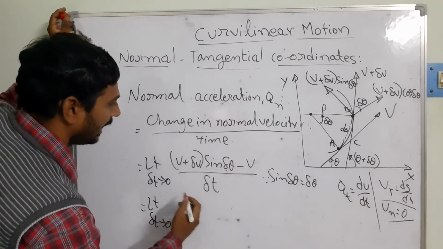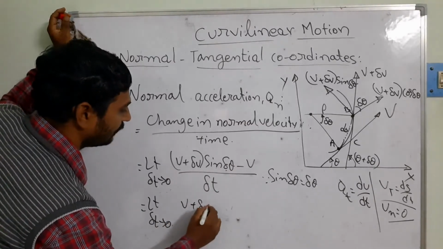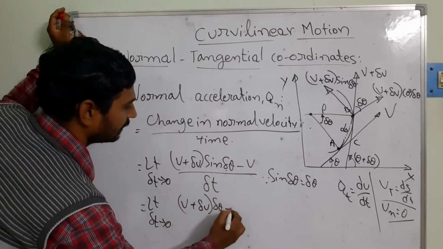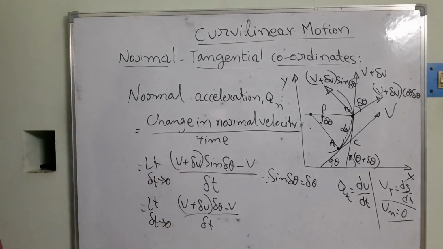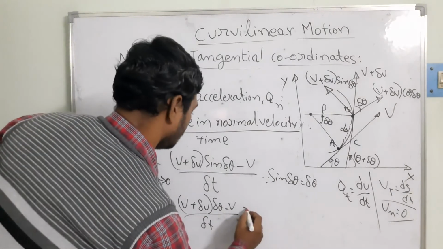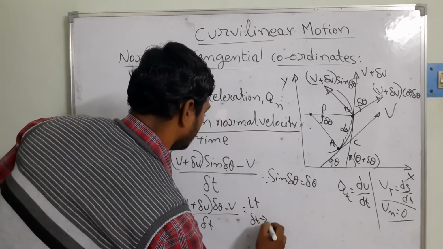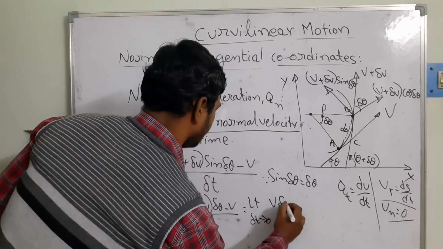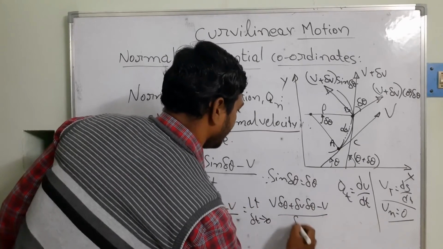So we get (V plus del V) del theta minus V by del t. Simplifying further, limit del t tends to 0 of V del theta plus del V del theta minus V by del t.